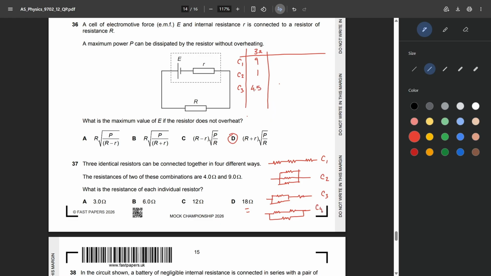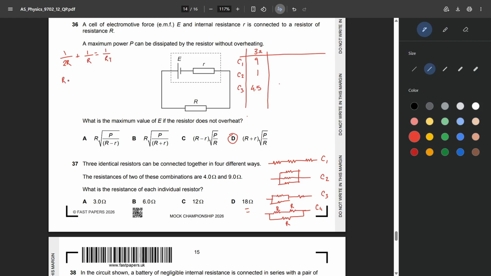And for combination 4, if we consider all of these resistors having a resistance R, two identical resistors connected in series have a resistance of 2R. And if we connect one more resistor with the same value in parallel, we get 1 by 2R plus 1 by R is equal to the equivalent resistance, 1 by RT.